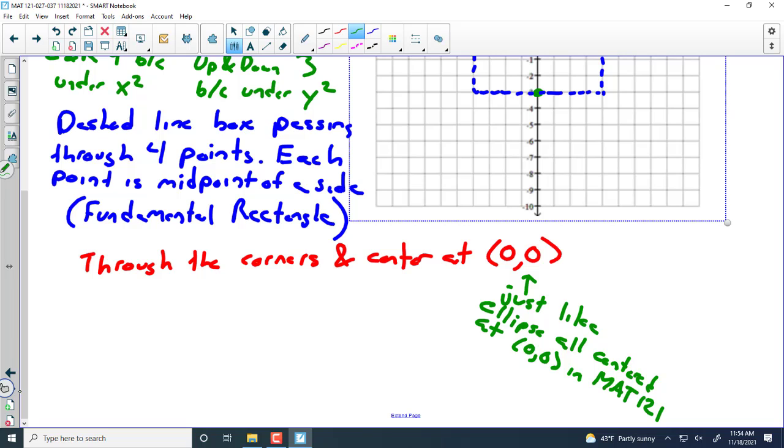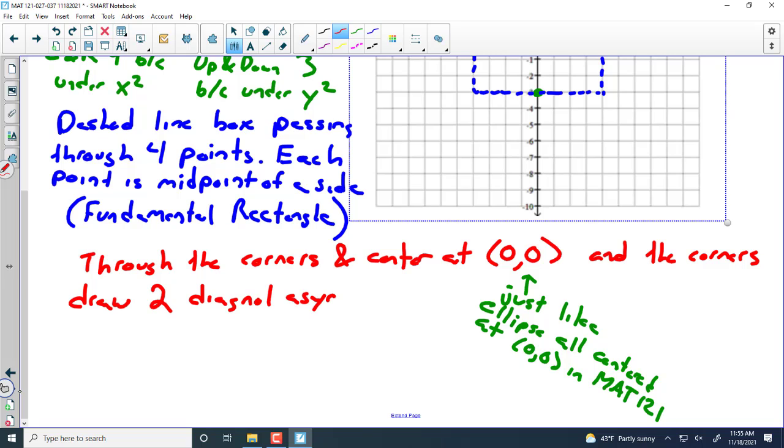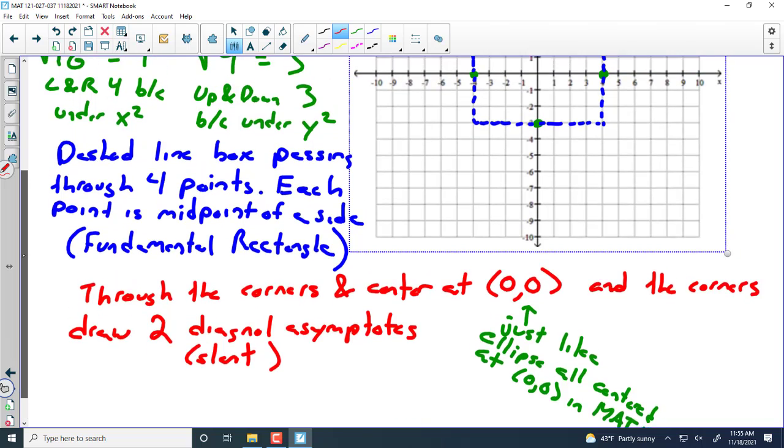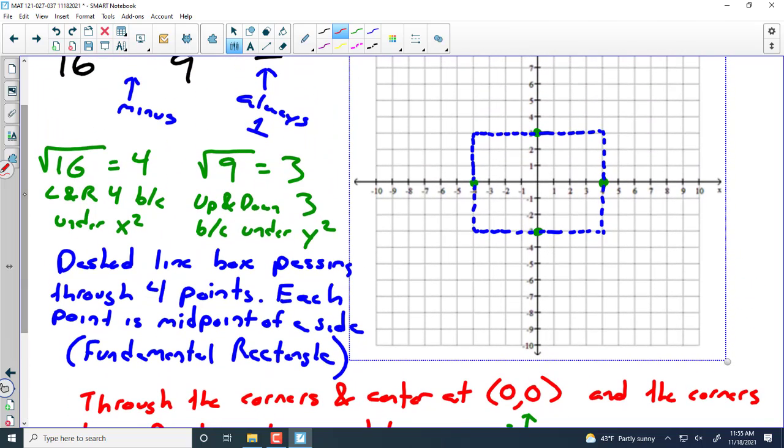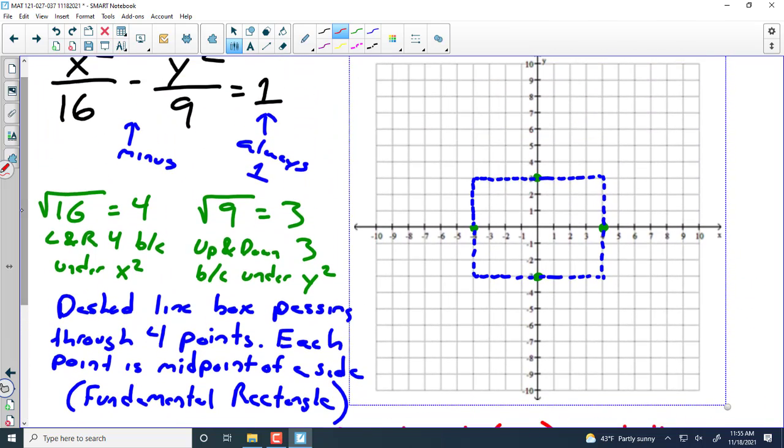Through the center at 0, 0, and the corners, draw 2 diagonal asymptotes, or slant asymptotes. Through the corners of the box and through the center of the hyperbola, you're going to draw 2 long diagonal slant asymptotes.